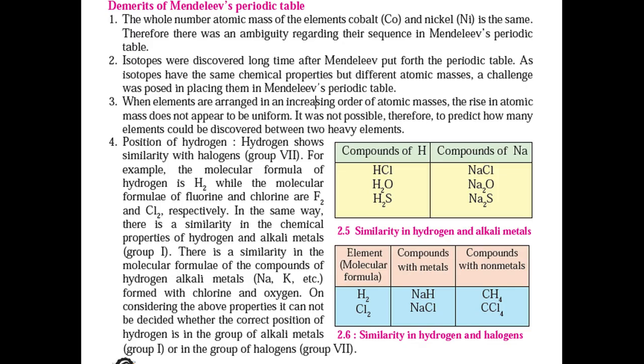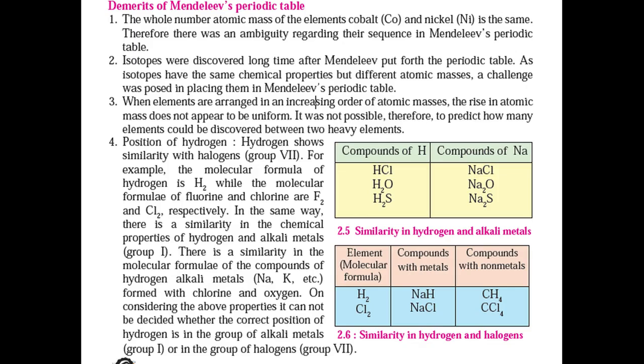The second demerit is isotopes were discovered long time after Mendeleev actually put them in periodic table. As the isotopes have the same chemical properties but different atomic masses, a challenge was posed in placing them in Mendeleev's periodic table. It was difficult to find position for these isotopes.